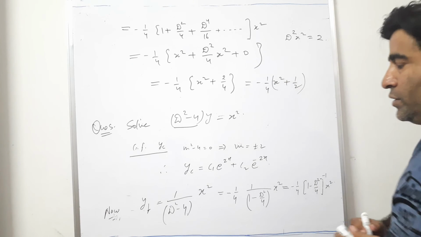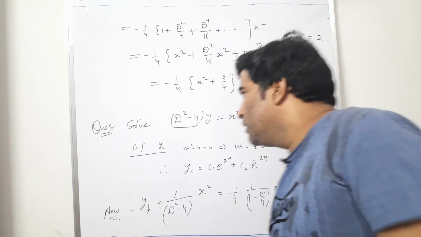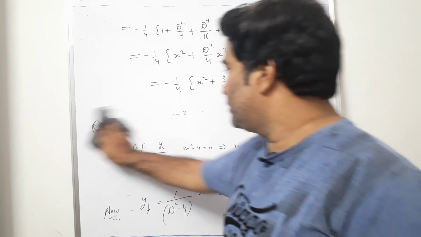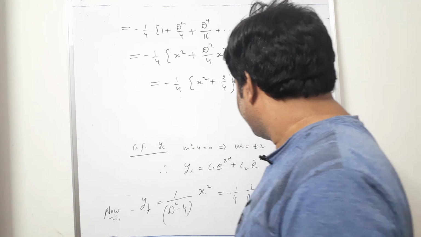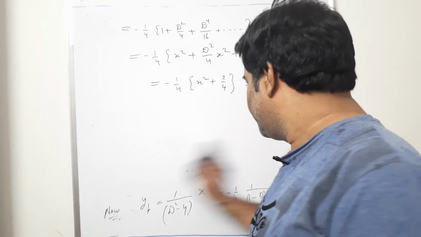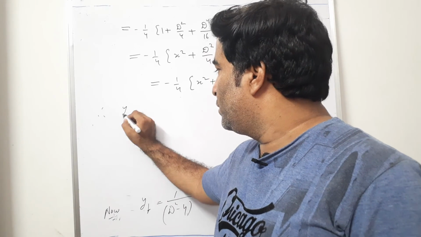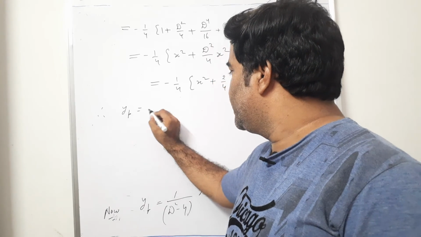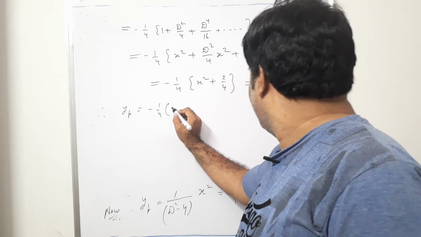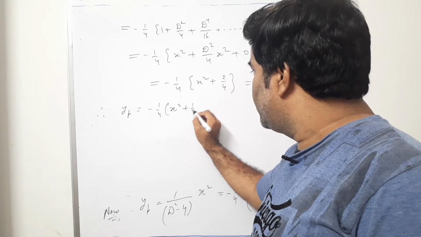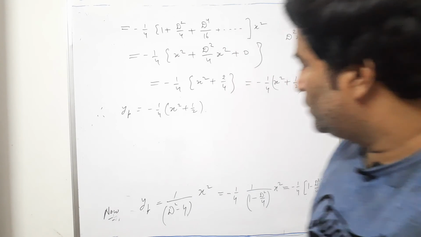This is the particular integral, the particular solution of the given differential equation. Therefore, yp is −1/4 x² − 1/2.